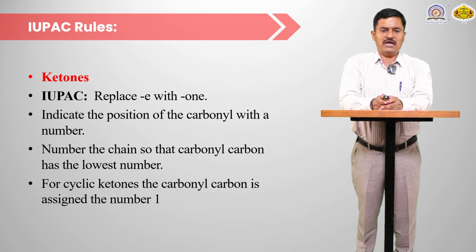Number the chain so that the carbonyl carbon has the lowest possible number. For cyclic ketones, the carbonyl carbon is assigned the number 1. For example, in cyclobutanone or cyclohexanone, the carbonyl carbon is number 1.